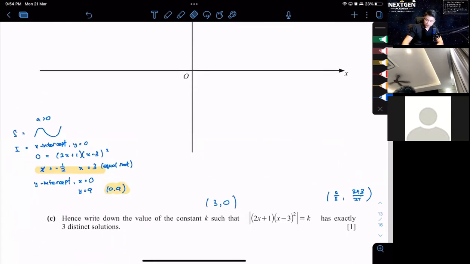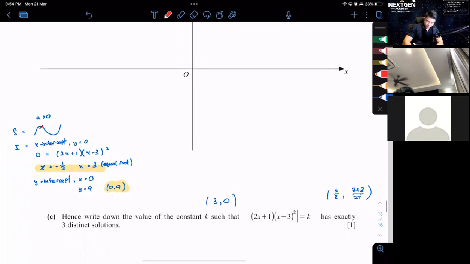So based on what we know, you see here and here, we know the graph is sad face, then happy face. So the more to the left one will be my maximum point. The stationary point more to my right will be a minimum point. So you all see which one is left, which one is right. This one will be left side. This one will be right because the value is bigger. So how do I write this?